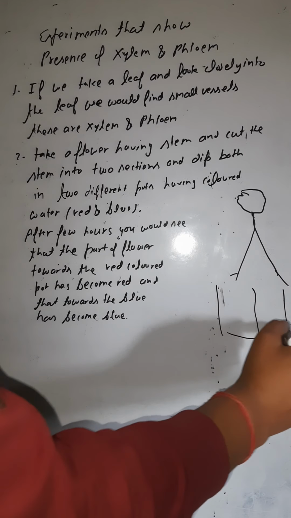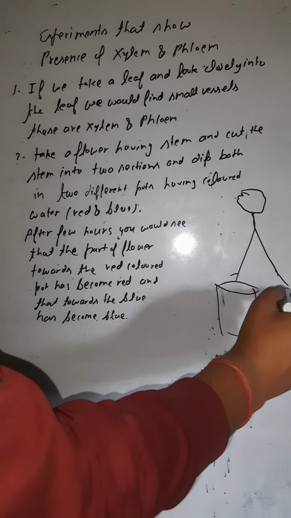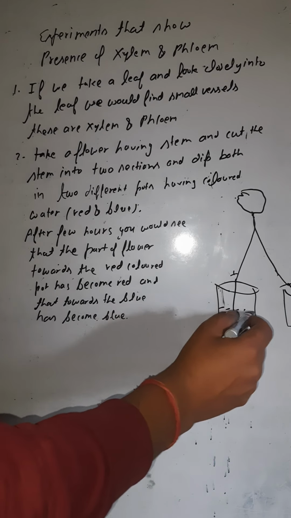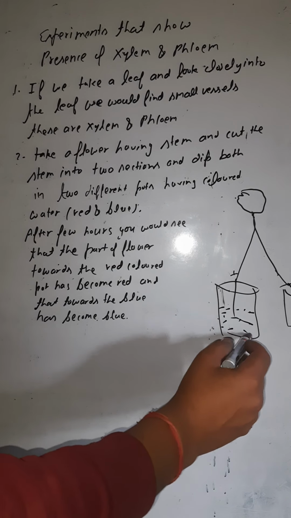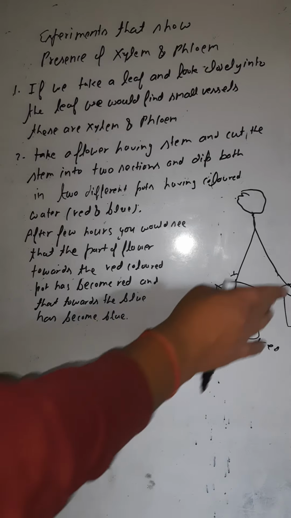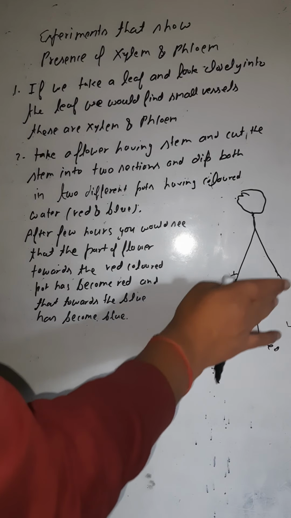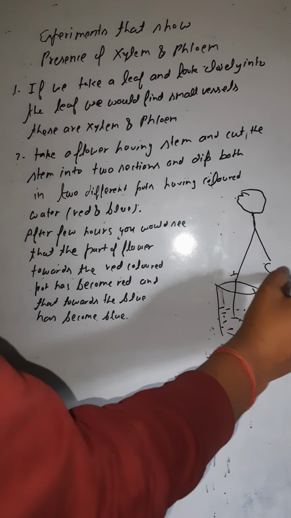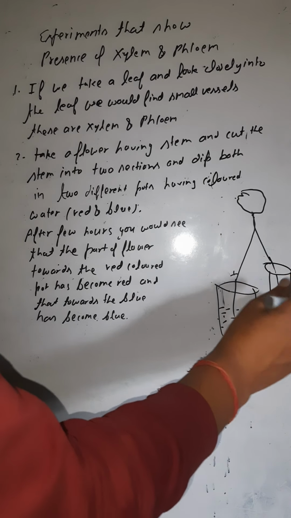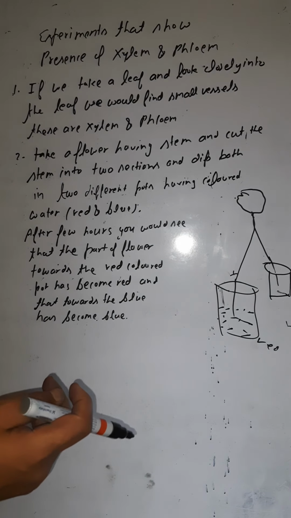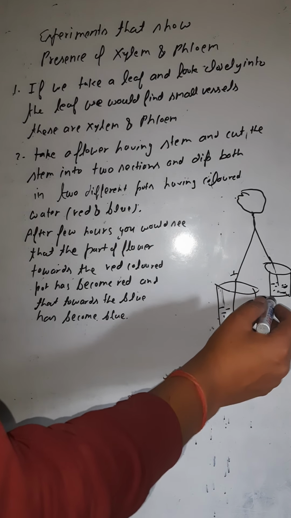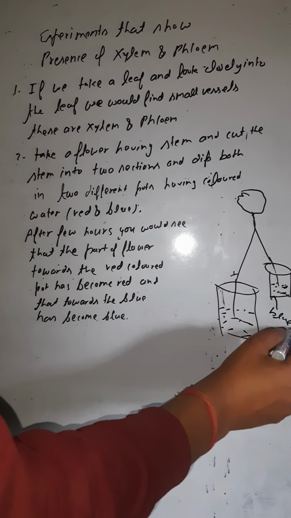This pot has red colored water. Let me make the other pot visible here. Yes, this is another pot, and here the water is blue colored.